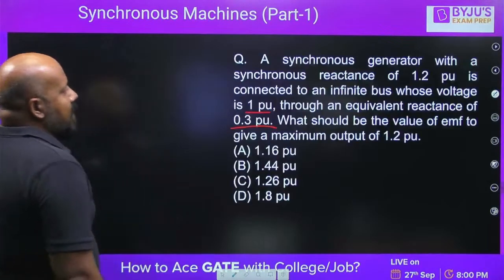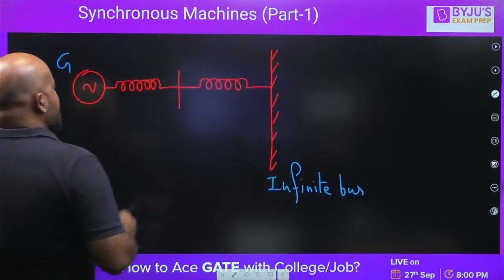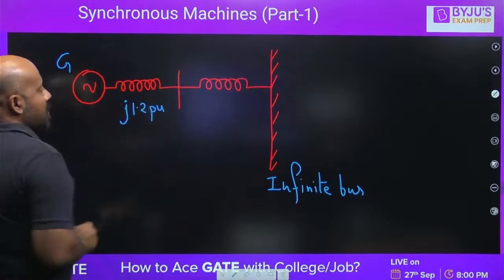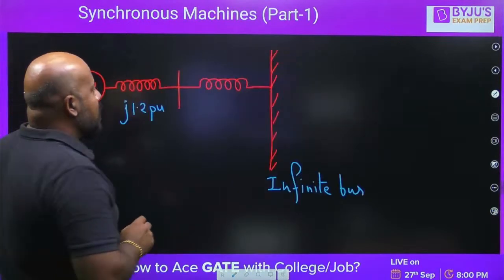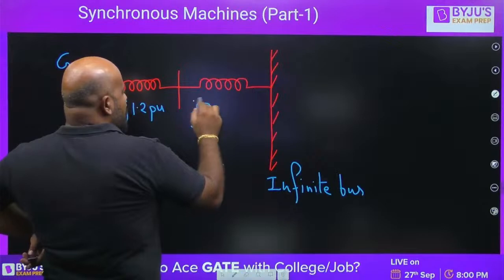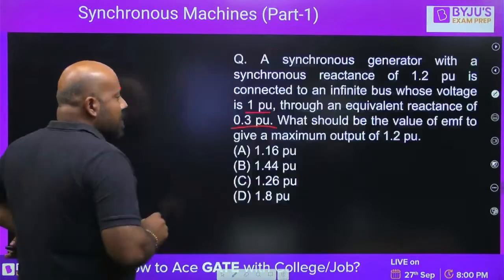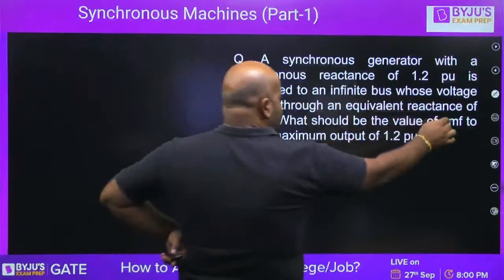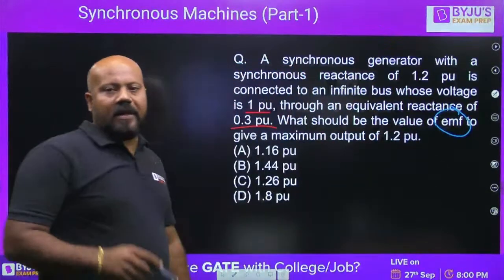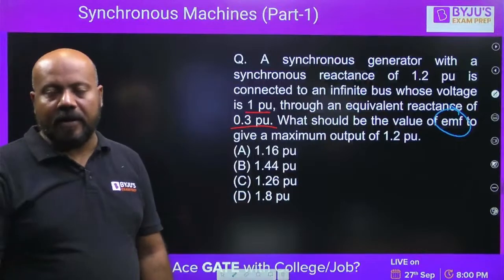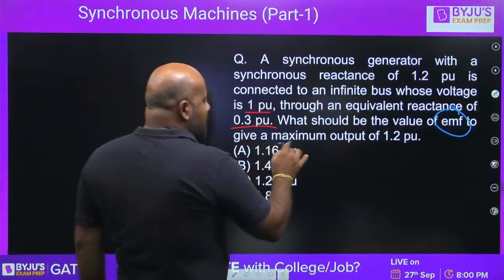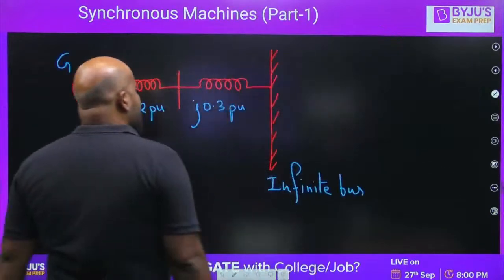In the question, he is saying the synchronous reactance is 1.2 per unit. Suppose this is 1.2 per unit, and this reactance is mentioned as 0.3 per unit. Then he is asking what should be the value of EMF. This EMF is the excitation EMF of the synchronous generator, to give a maximum output of 1.2 per unit.